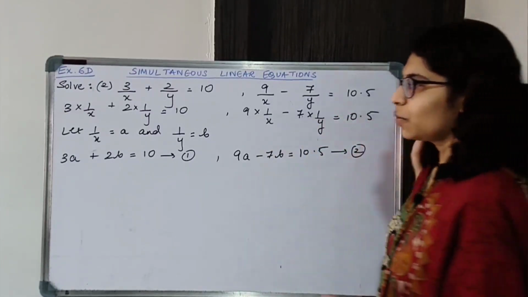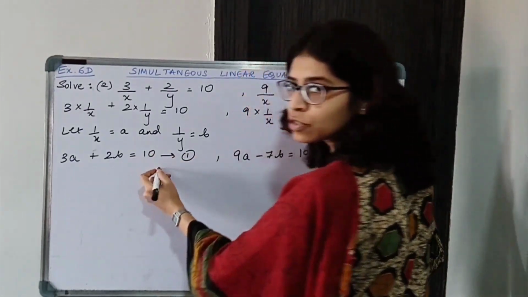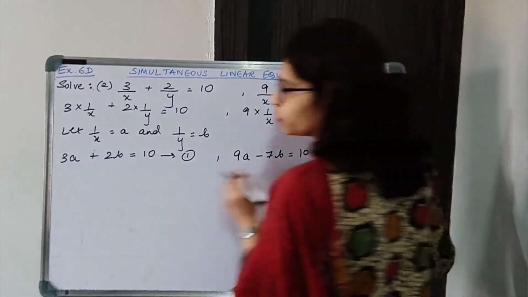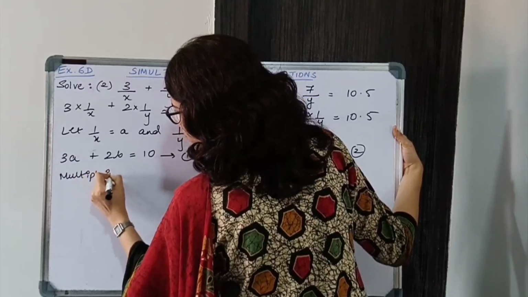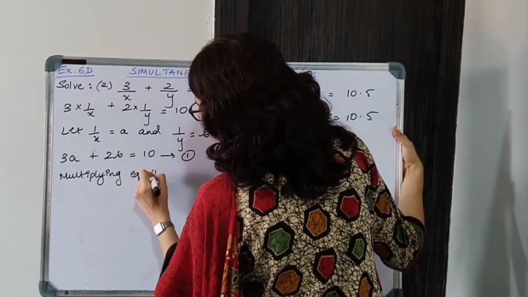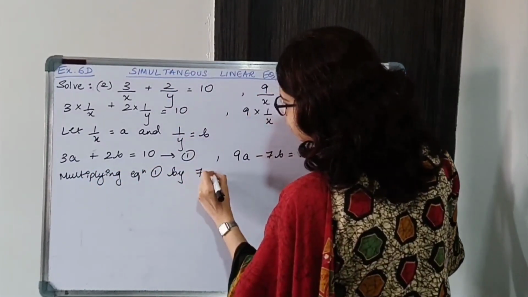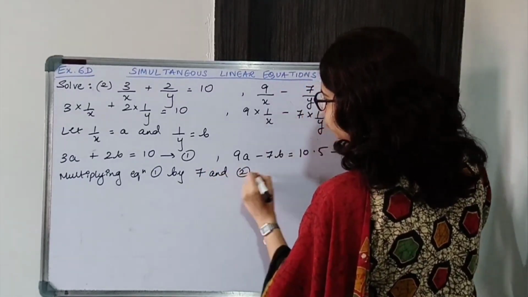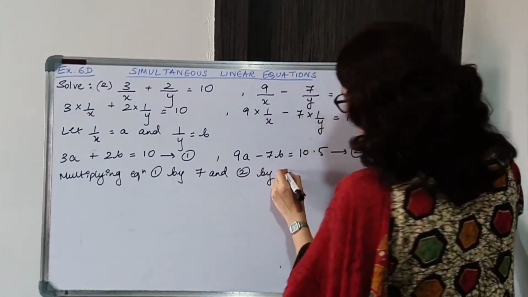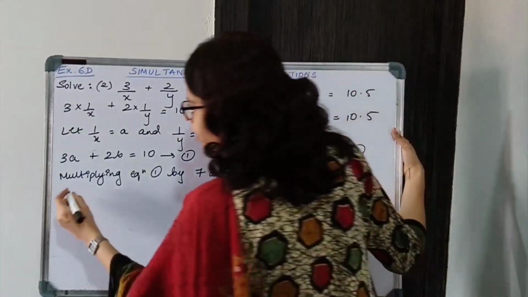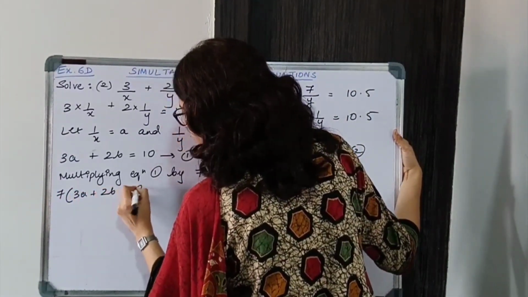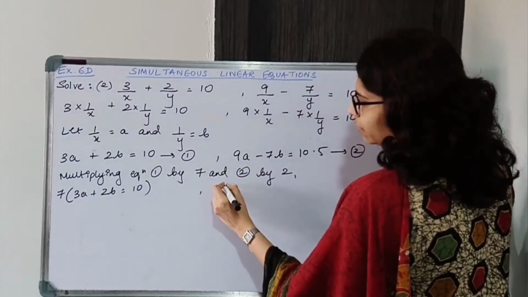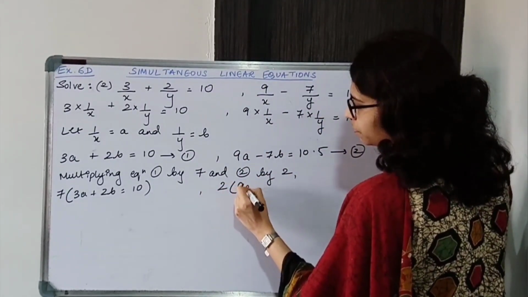Okay. Now I'll multiply equation 1 by 7 and this by 2. So multiplying equation 1 by 7 and equation 2 by 2. So multiplying by 7, and over here by 2.